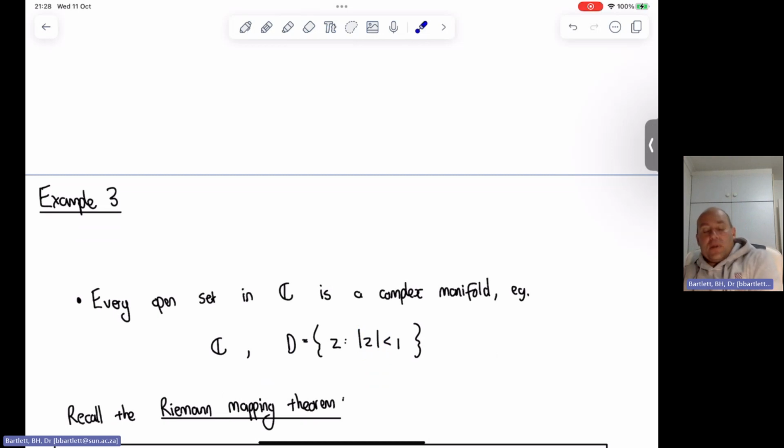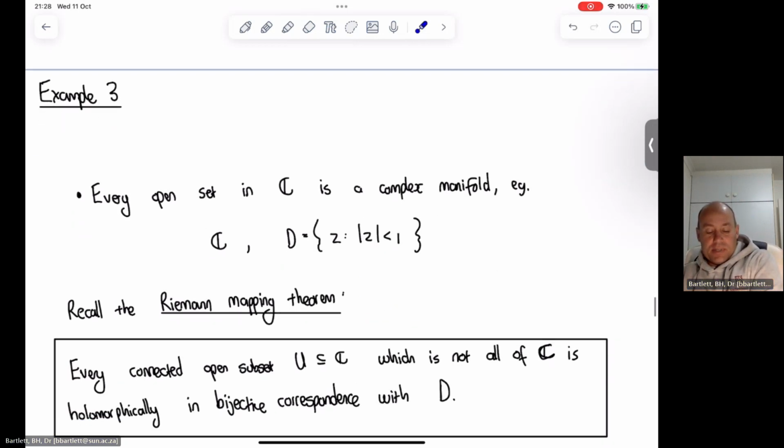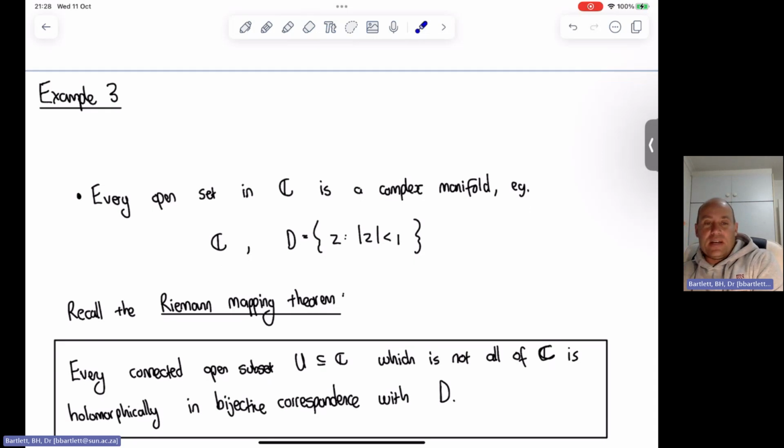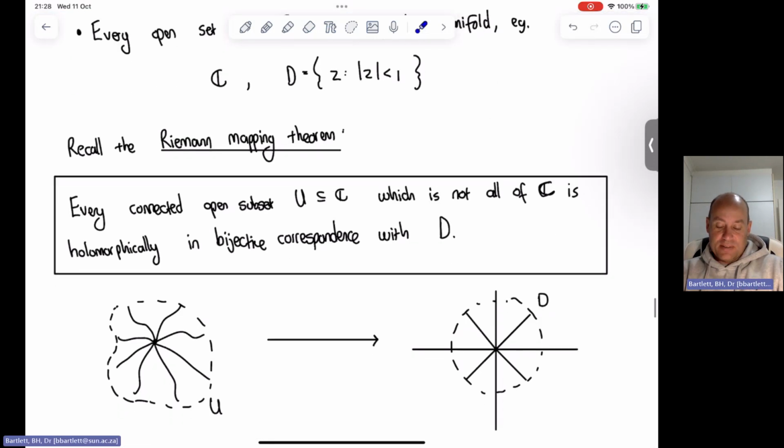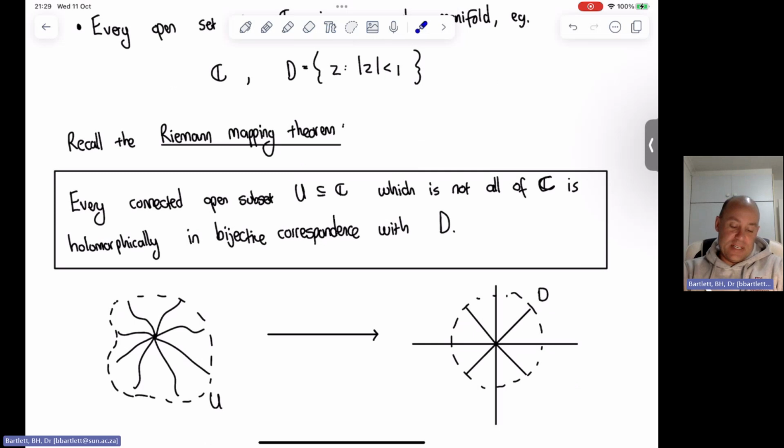So recall the Riemann mapping theorem, which says that every connected open subset in the complex plane, which is not the entire complex plane, is holomorphically in bijective correspondence with the open disk. This is a very nice theorem from the 19th century.